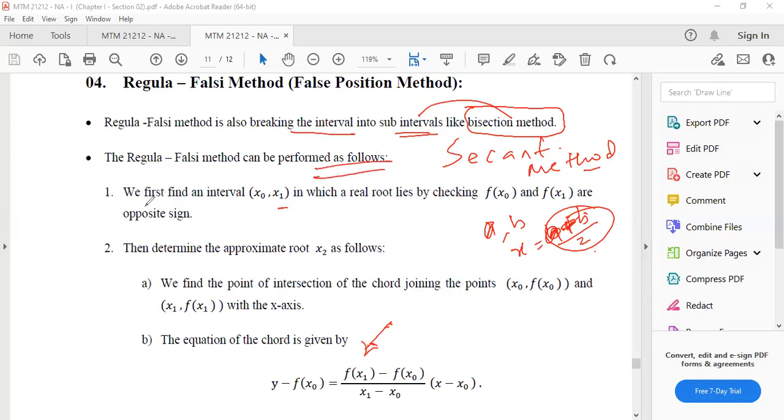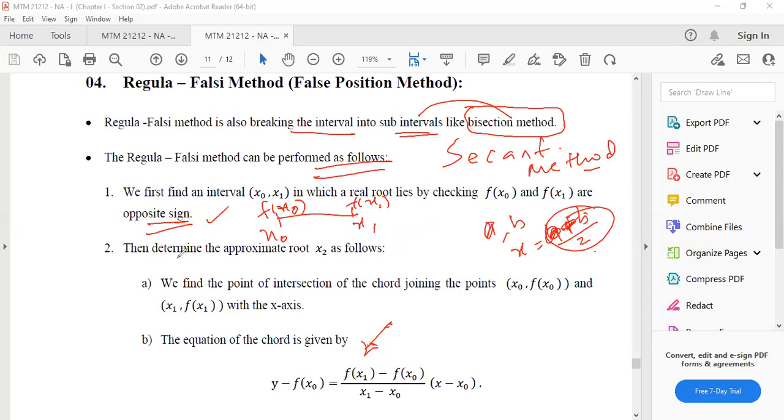So you can see we first find an interval. First of all, we find the x0 and x1 in which the real root lies by checking f(x0) and f(x1). So if you put the functional values for these, f(x0) and f(x1) have to have opposite signs, likewise what we have done for all the methods.